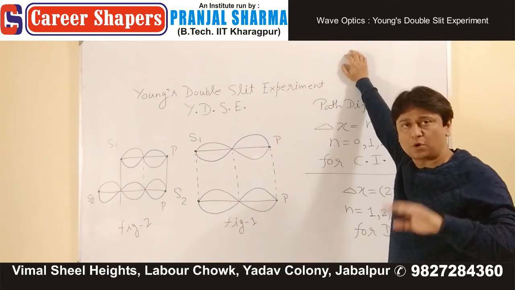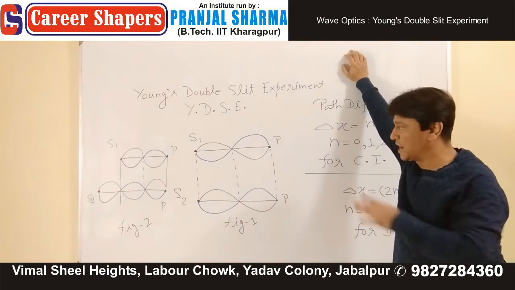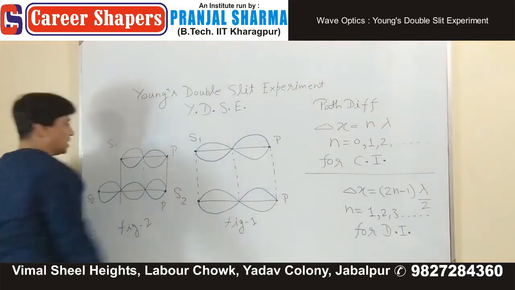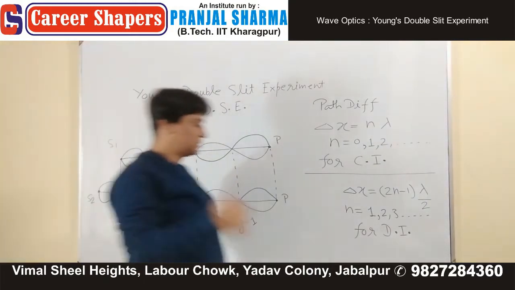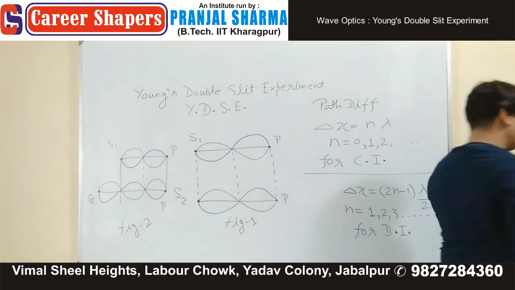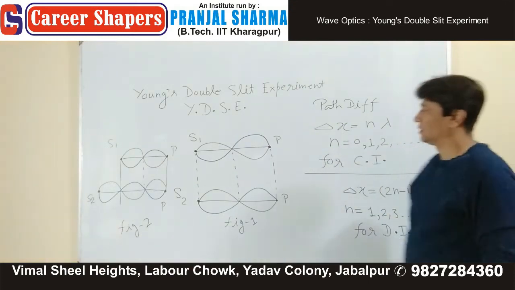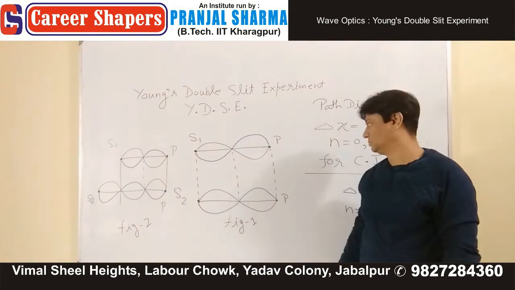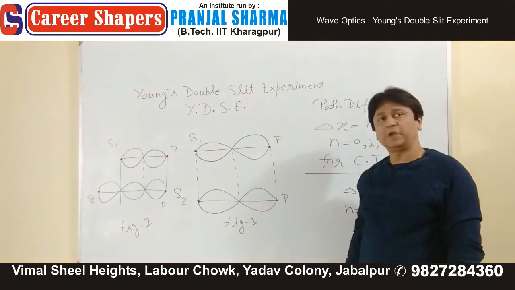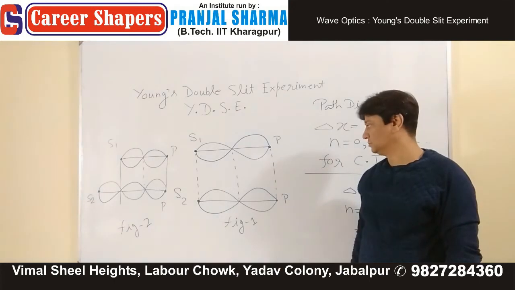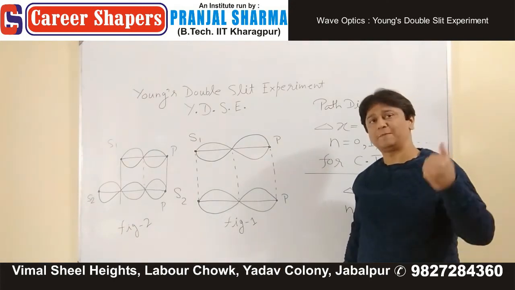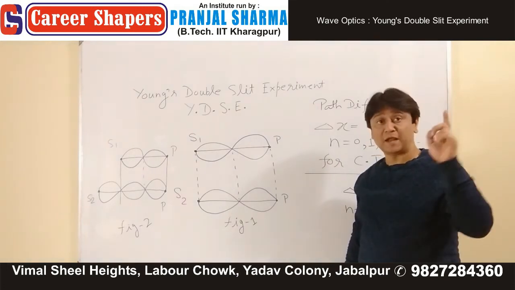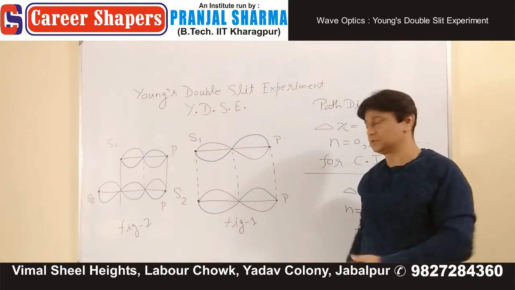If we have no control over S1 and S2, then these bright and dark spots form so rapidly. Remember the number 10 to the power 15 oscillations.